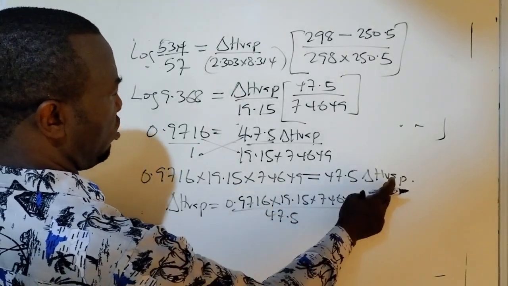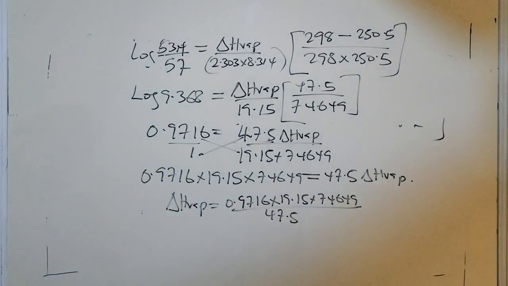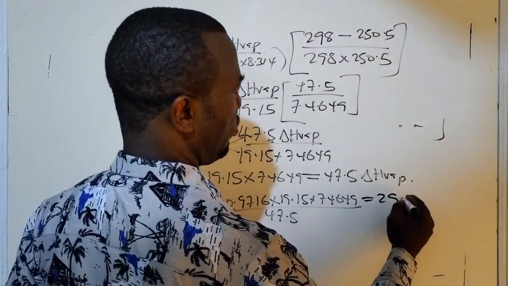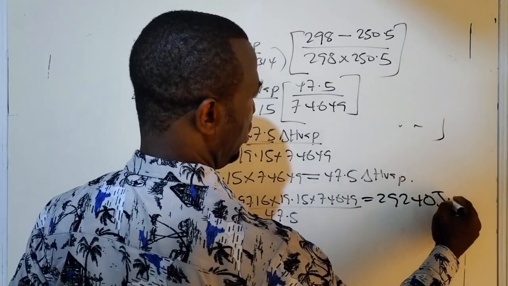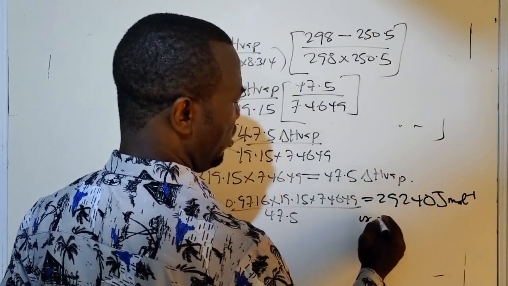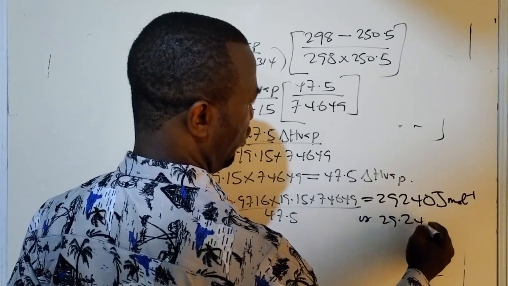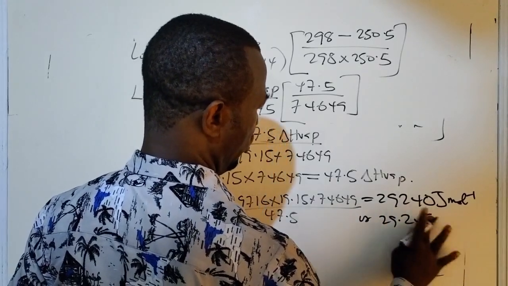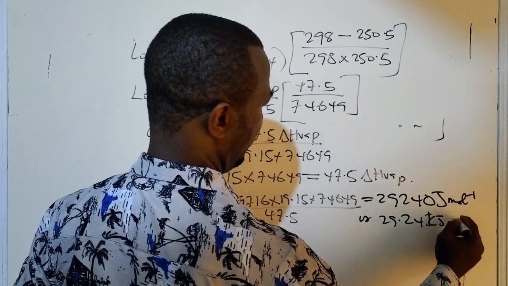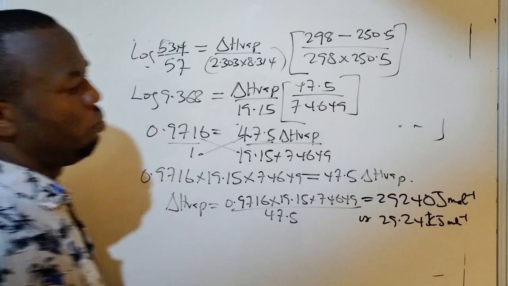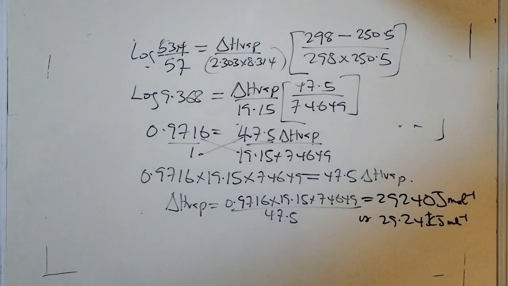The final answer to the question will give you 29240 joules per mole, or 29.24 kilojoule. So you divide by 1,000, you convert to kilojoule per mole. So this is the enthalpy of vaporization for this question.